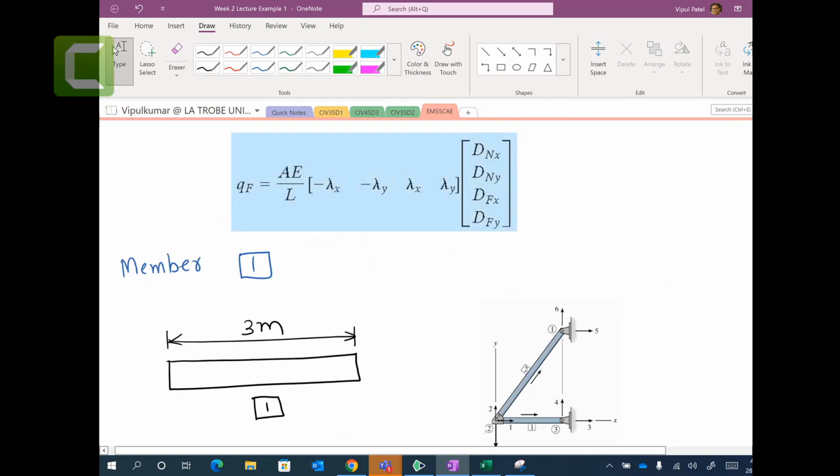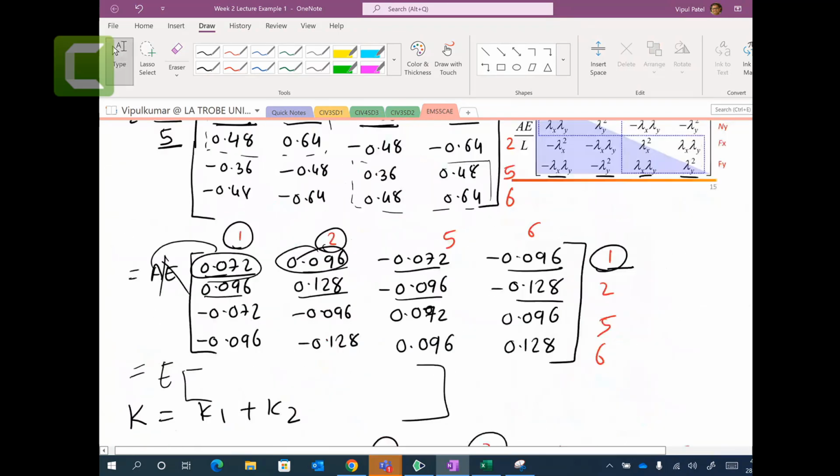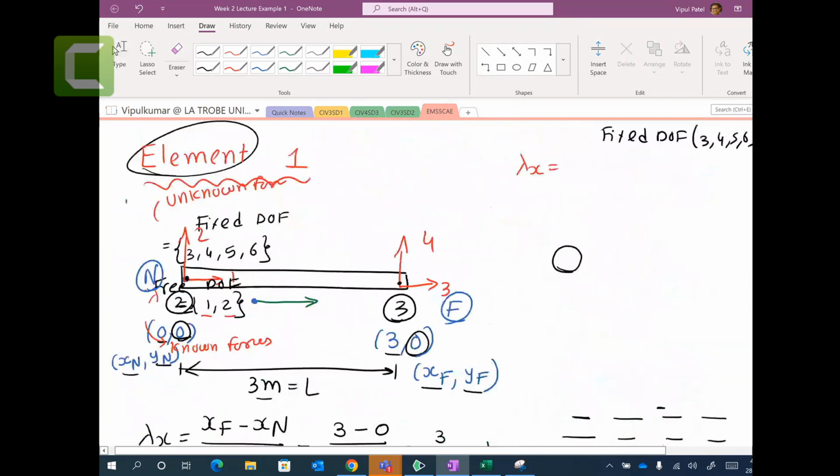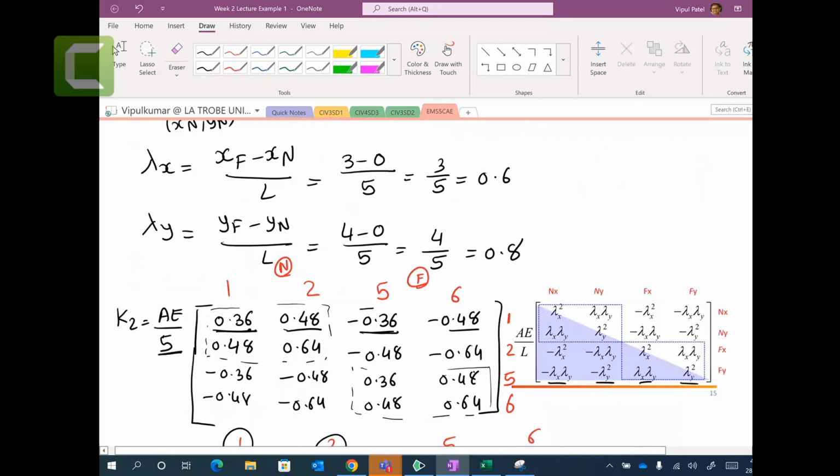Now, in these equations, area AE we have given, and length is given. Lambda x we can find from the element number one. We already found it. You remember, lambda x equal to 1 and lambda y equal to 0. That is handy.